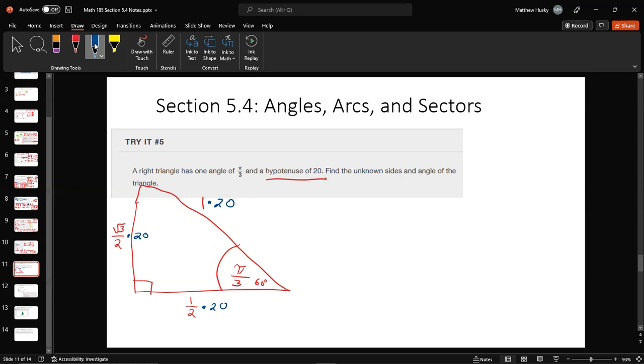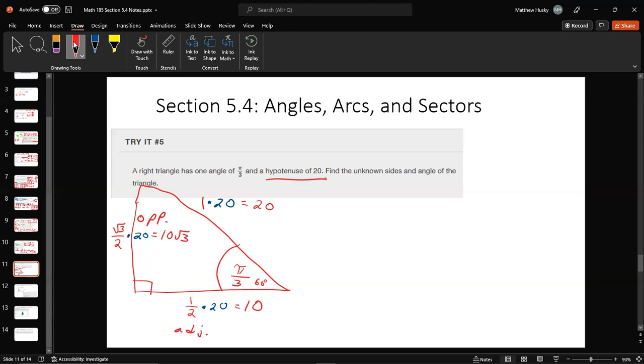Because if the hypotenuse is 20 times bigger, all of the sides need to be 20 times bigger to maintain the ratios of the side lengths of that triangle. So the hypotenuse is 20. This side down here, which is the adjacent, 1/2 times 20 is the number 10. And then here, 20, cut it in half, you'll get 10. This is going to be 10 root 3. And this, incidentally, is the opposite side.